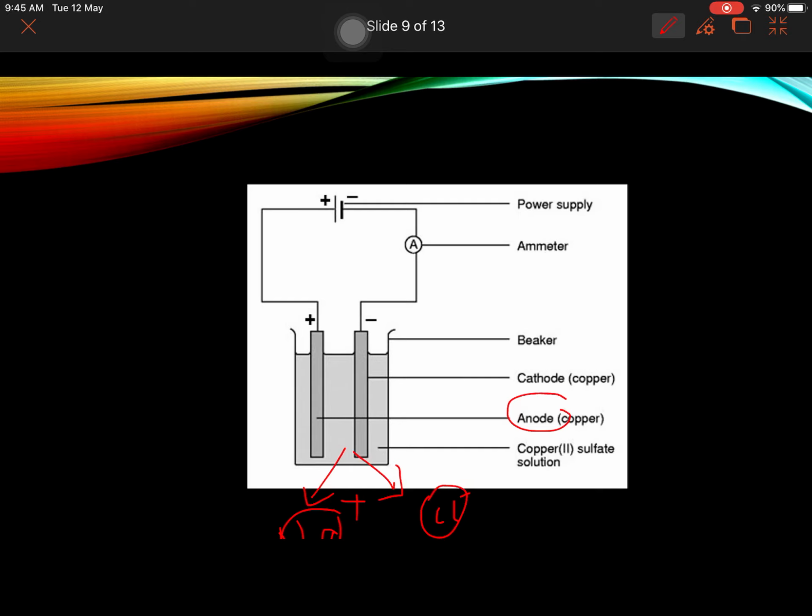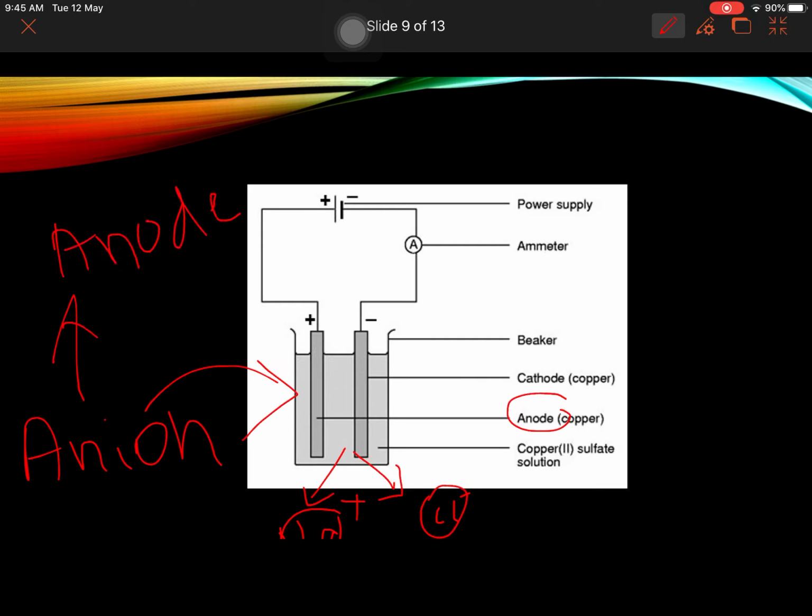So anion will go back home, will go back to anode, and cation will go back to cathode.